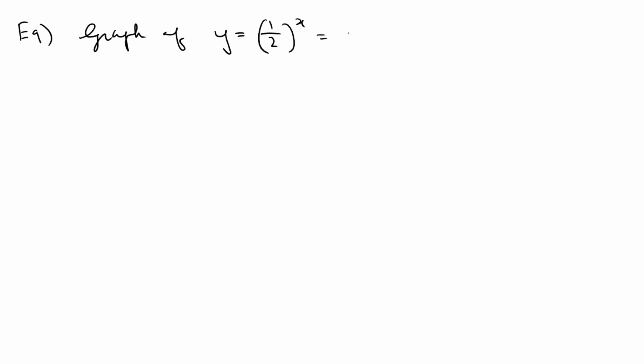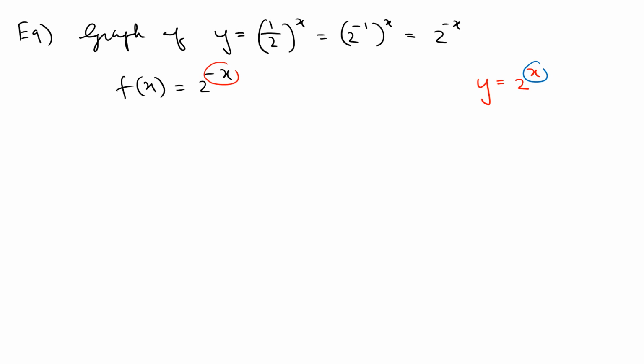You can also write this as 2 to the negative 1 to the x, in other words, 2^(-x). So when you have a function like f(x) = 2^(-x), you can compare this function with y = 2^x. You replace x by negative x, and replacing x by negative x means a reflection about the y-axis.